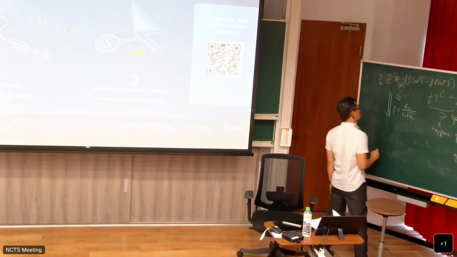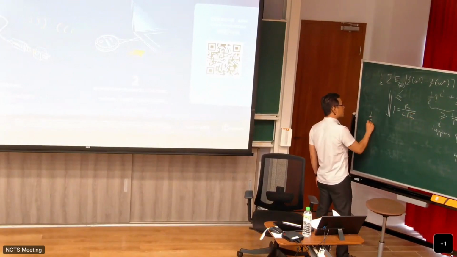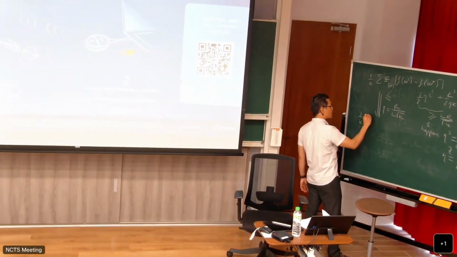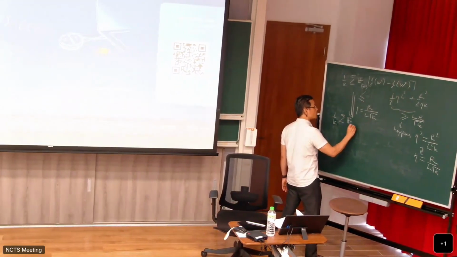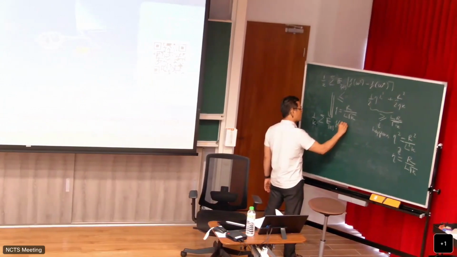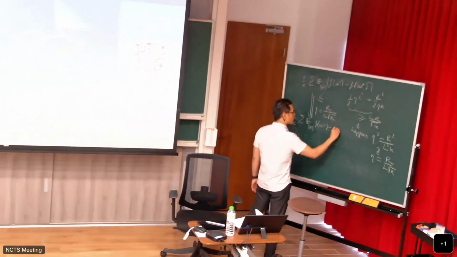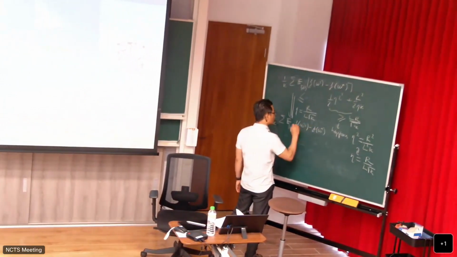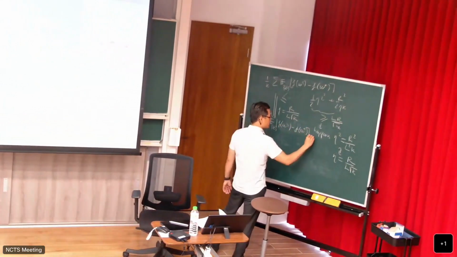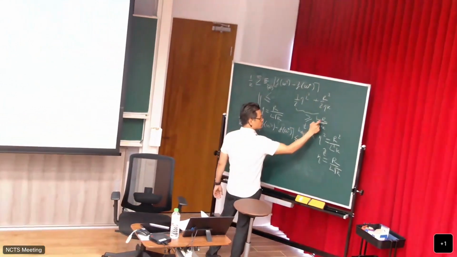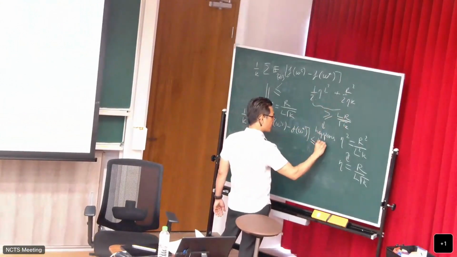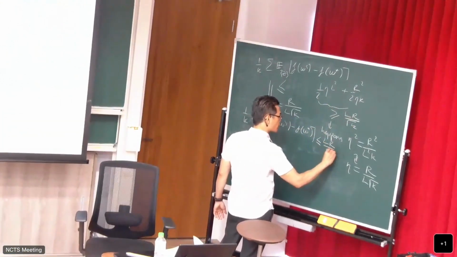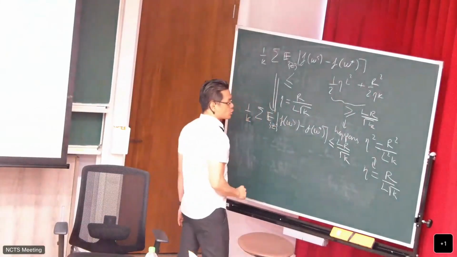If we pick the step like this, then we have 1 over K, the summation of expectation with respect to Z of F of WS minus F of W star. Okay, and this is less than or equal to this, right? Because this guy achieves the minimum, basically LR over square root of K. Nice. So we're almost done.